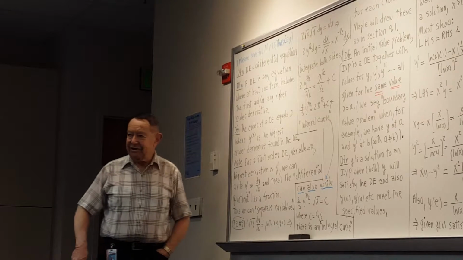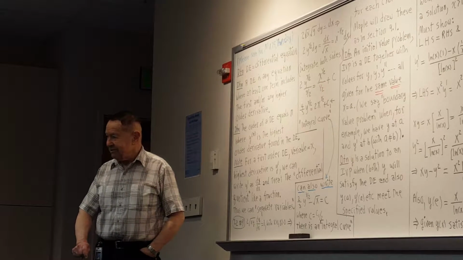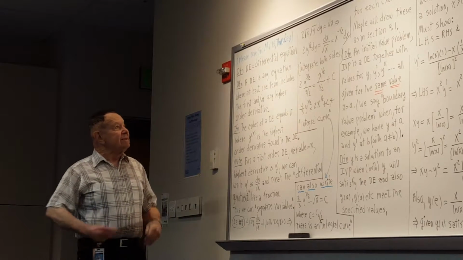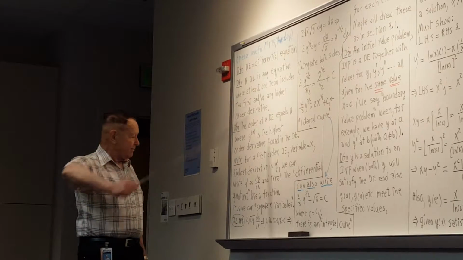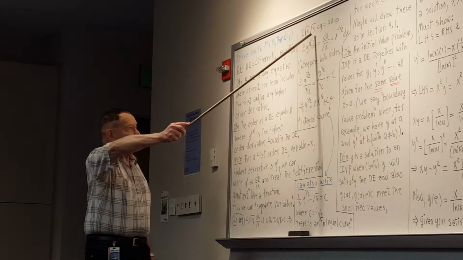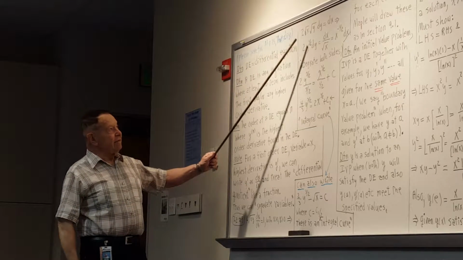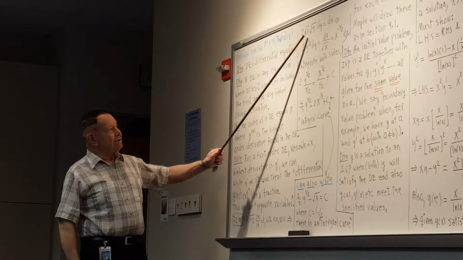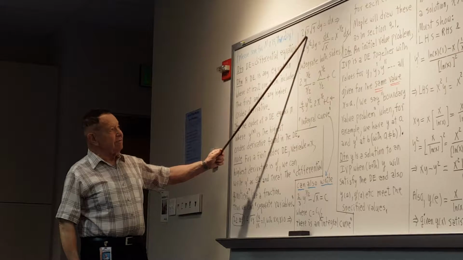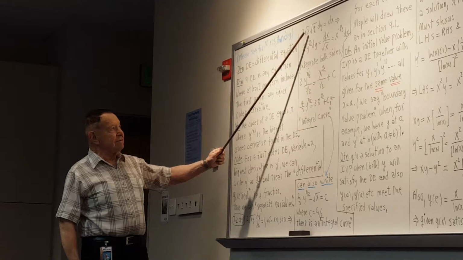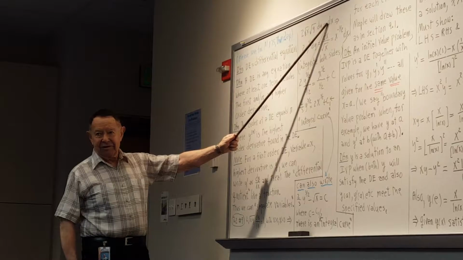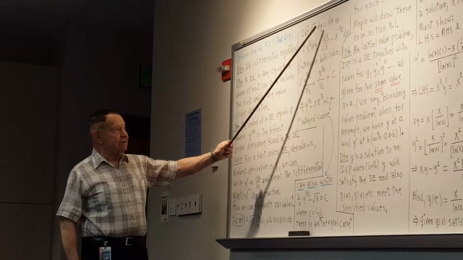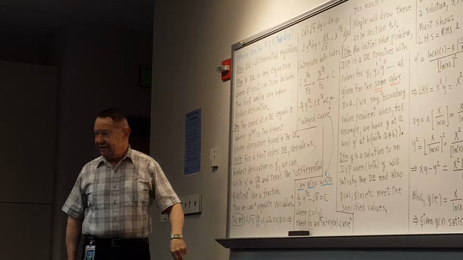A differential equation is what has stuck. So I split up my square root of the product into the product of square roots. And then what I do is separate variables so that the x's and dx are all on one side, and the y's and dy's are on the other side.